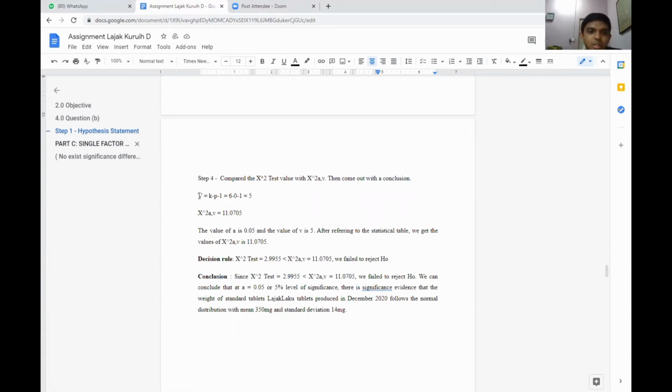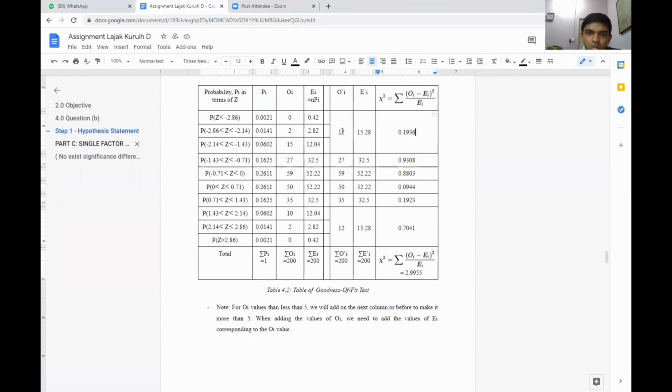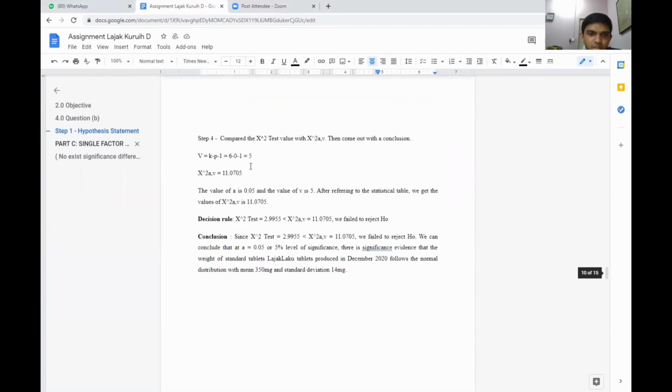So for example, the formula for v is k minus p minus 1. So k is this one, which is OI. So 1, 2, 3, 4, 5, 6. So k is 6. And then p, because of our question, is produced by the mean distribution and also the standard deviation. So we assume the value of p is 0 and then minus 1. So 6 minus 0 minus 1, we will get 5. So this is the value of v.